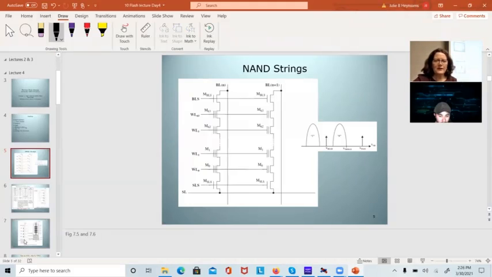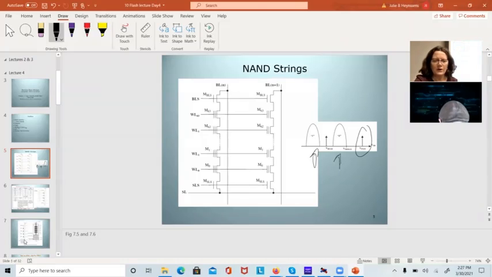So remember these NAND strings. What I do is I program all the cells to have either a low threshold voltage, which is their default, or a higher threshold voltage by injecting charge into the floating gate. I turn on all the other transistors with a very high voltage that is enough to turn on both the zeros and the ones.